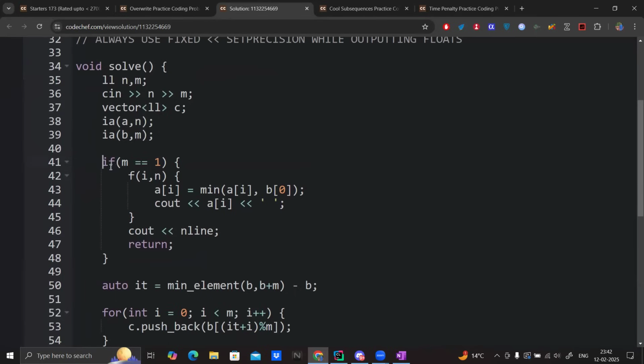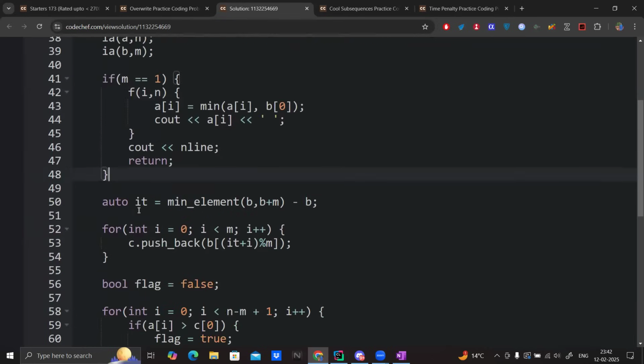And this is the edge case: if m is equal to 1, then just replace a_i with min of a_i comma b naught, like replace all of the elements that are greater than b naught with b naught, and then just print the array. Okay, so this is the edge case, and I handled it right here.